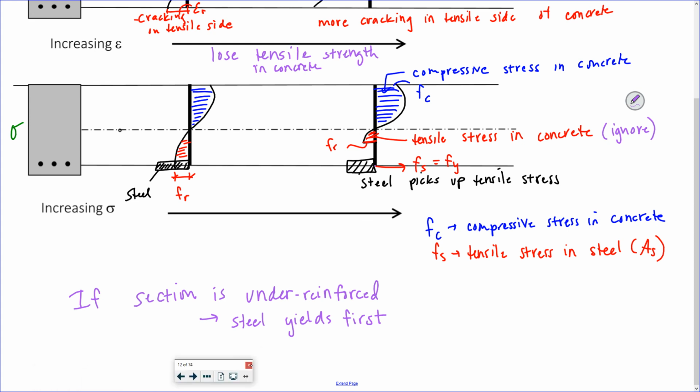If our section is over reinforced, that means compared to the concrete, there's too much steel.